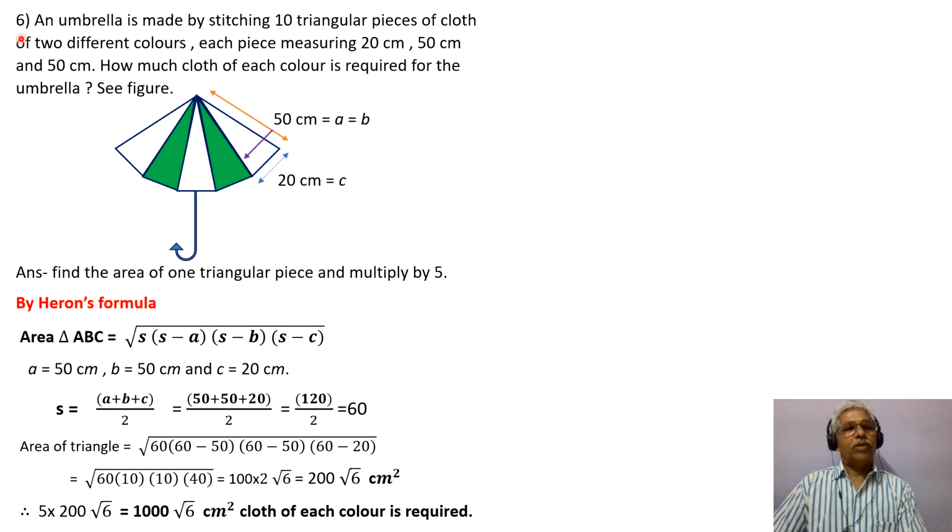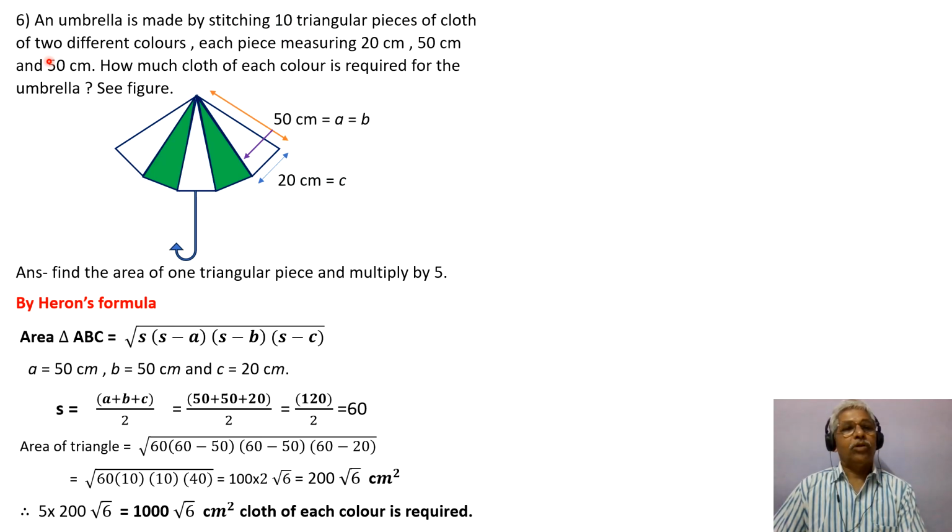Sixth one, an umbrella is made by stitching 10 triangular pieces of cloth of two different colors. Okay, 10 total triangular pieces means, look at this, white and green. So white pieces will be 5 in number, and green pieces will be again 5 in number.